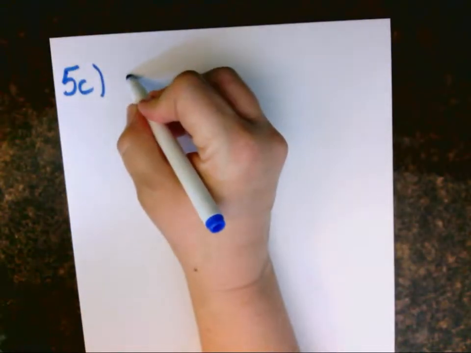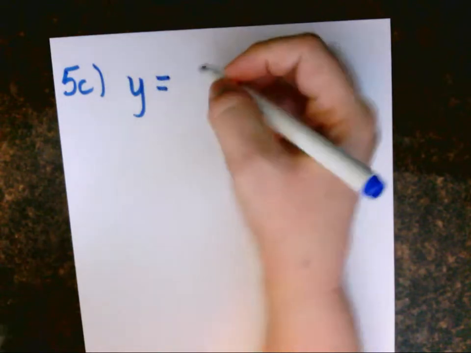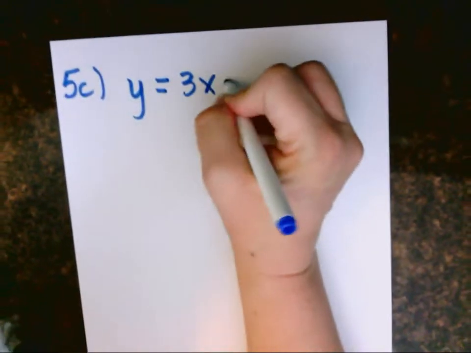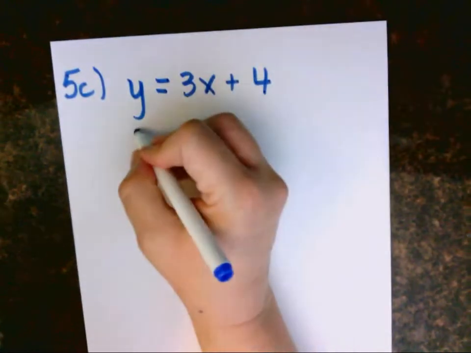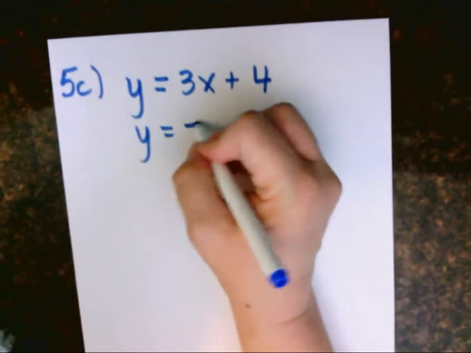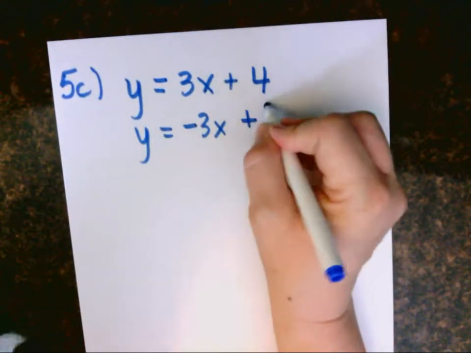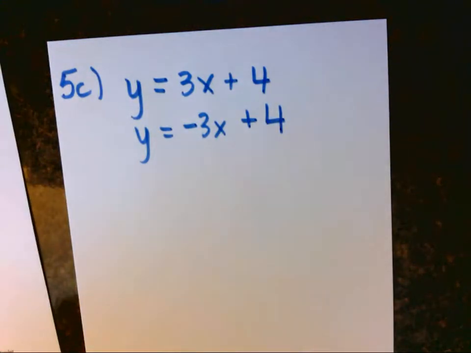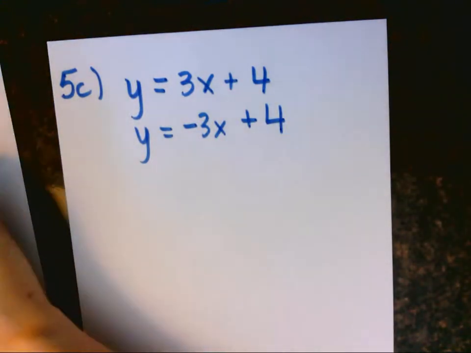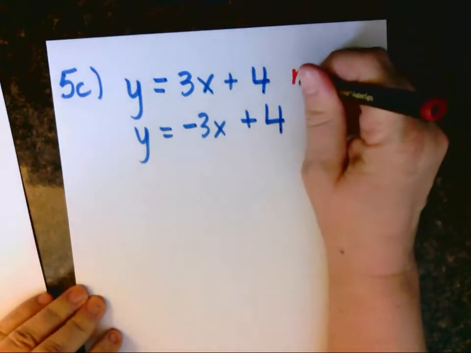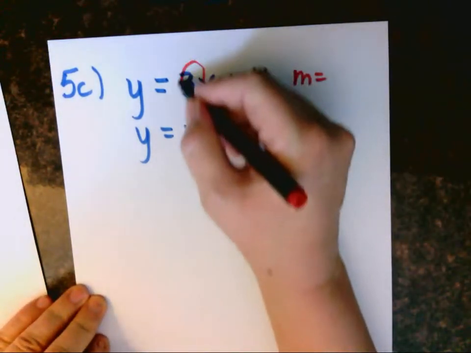5C. Determine whether these lines are parallel, perpendicular, or neither. So nice when they give it to you in this form, because we can easily see that the first line has a slope of 3.